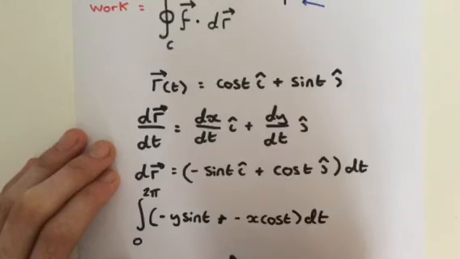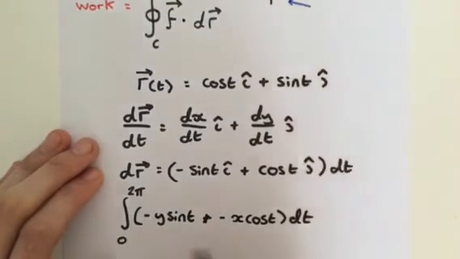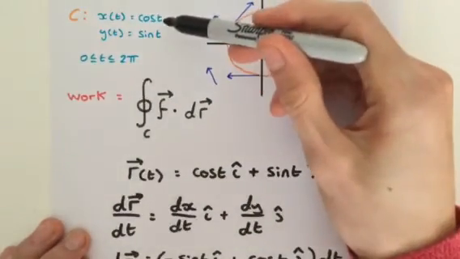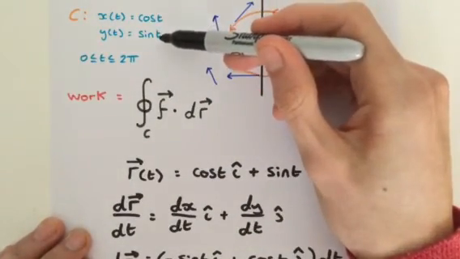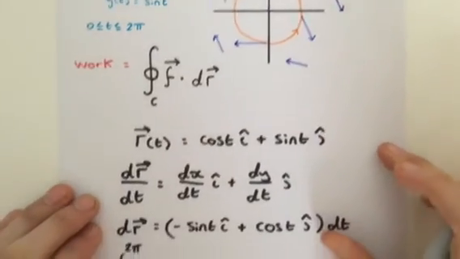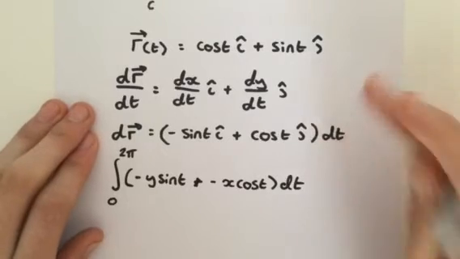This is just your ordinary integration techniques. So what is y and x? Well, we saw that before. We got x of t equals cosine t, and y of t is sine t. This looks promising.